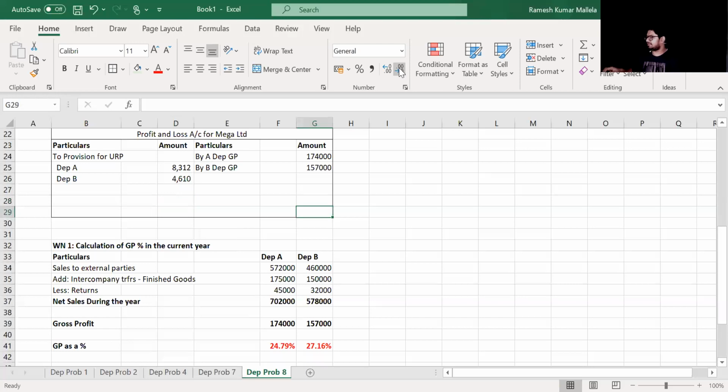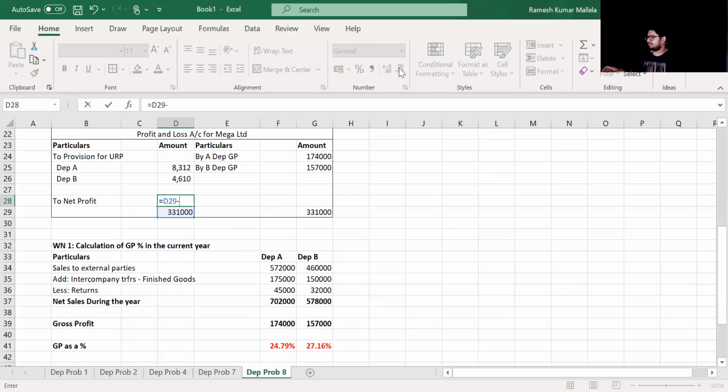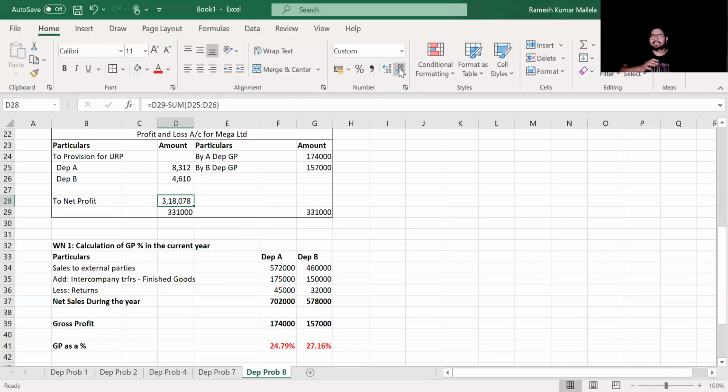Okay. Net profit is equal to this minus the sum of these two. So it's going to be 3,18,078. This is your net profit for the entire period.